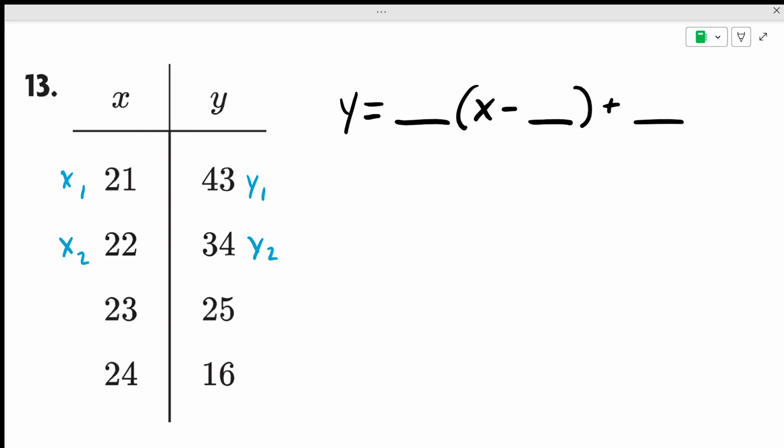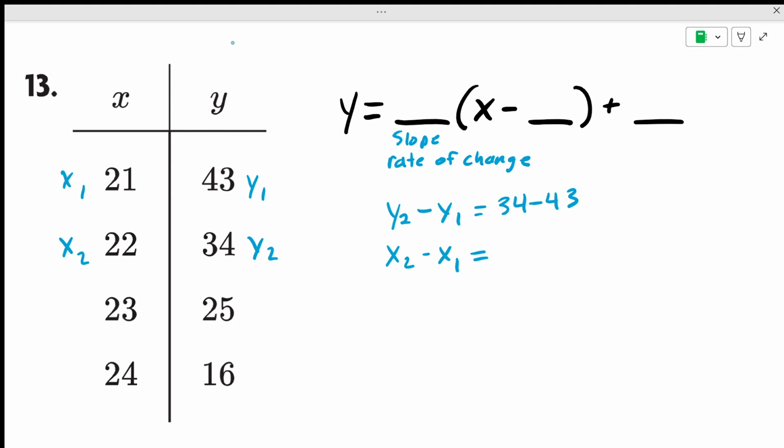And the way we find our rate of change, which again, slope is another way of saying rate of change, is we subtract the y's, y2 minus y1. We subtract the x's, x2 minus x1. That gives me 34 minus 43 and 22 minus 21.